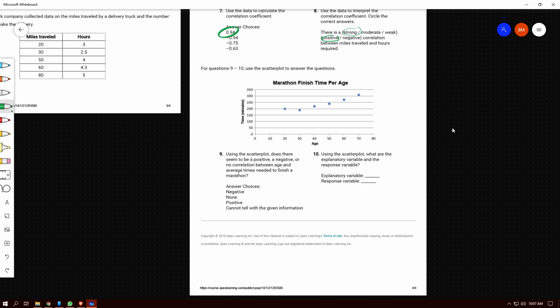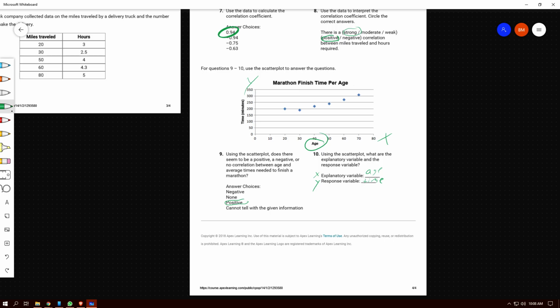All right, using the scatterplot, does there seem to be a positive, a negative, or no correlation between age and average times needed to finish? Well, there is positive for sure, and it almost forms a straight line here. What are the explanatory variable? Explanatory is your x, and your response is your dependent. So explanatory is age, and then your response is time.